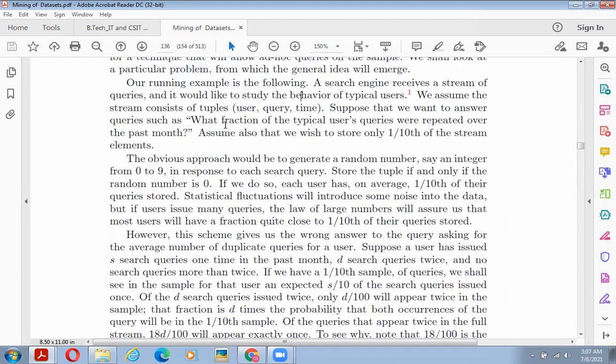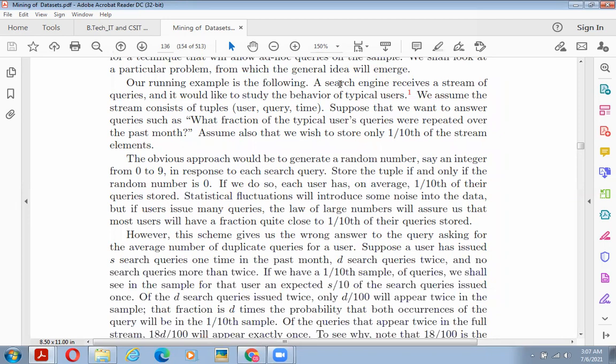The running example is the following. A search engine receives a stream of queries and would like to study the behavior of typical users. We assume the stream consists of tuples: user, query, time. We are just replicating the sample concept in this example.